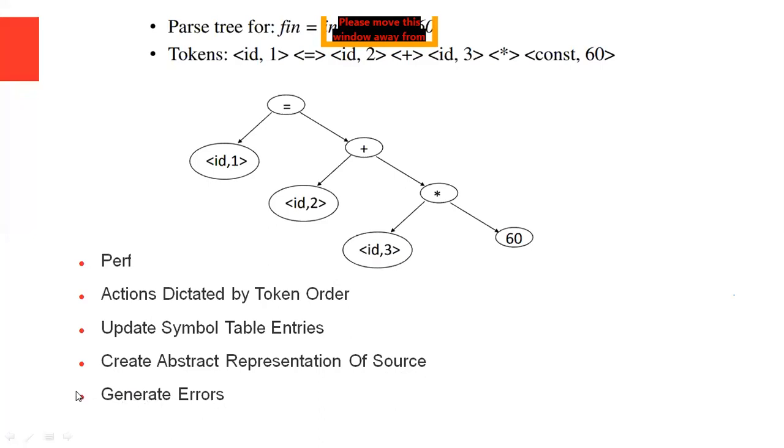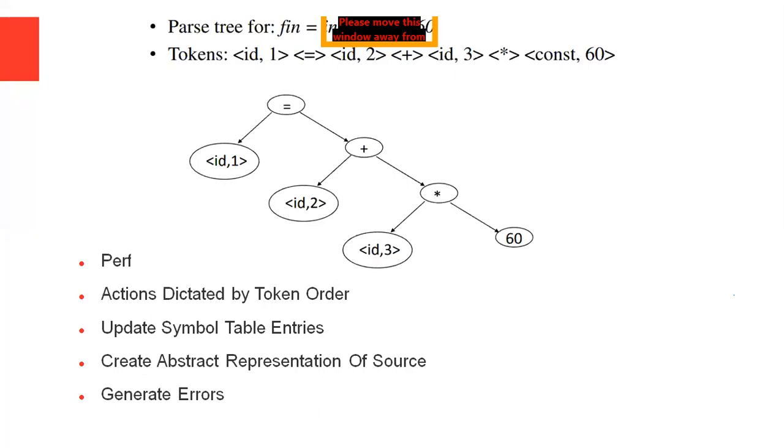And are there any errors? That means we are constructing a parse tree. If there are any errors, those errors can be generated and notified to the programmer. So this is the second phase. What is the second phase? Syntax analysis or parsing. So what is the role of this phase? We are converting the stream of tokens into a syntax tree or parse tree by using some rules. Okay, so that is the second phase.